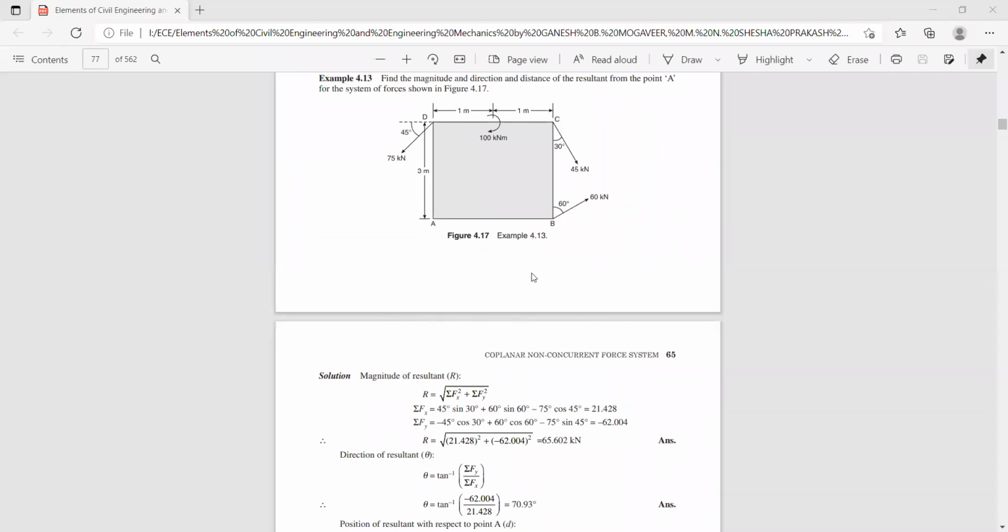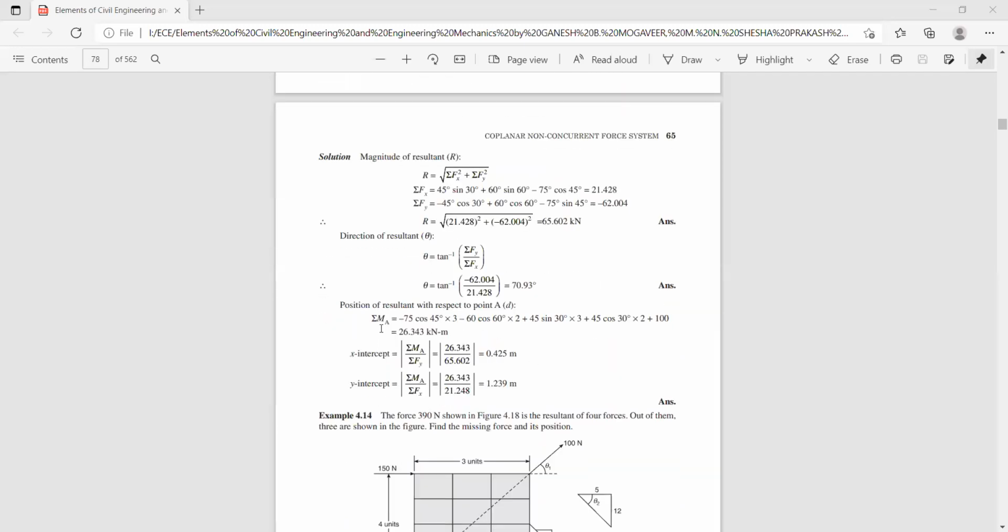So hence sigma MA will be minus 75 cos 45 into 3 plus 100 plus 45 cos 60 into 3 minus 45 sin 60 into 2 minus 60 sin 30 into 2.